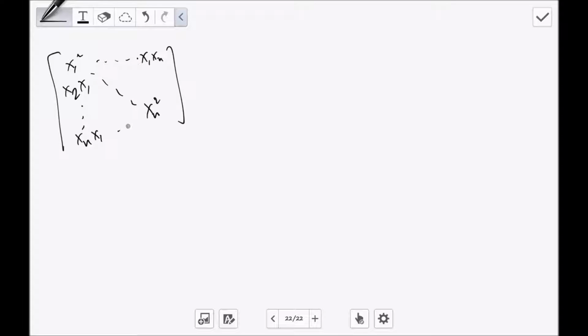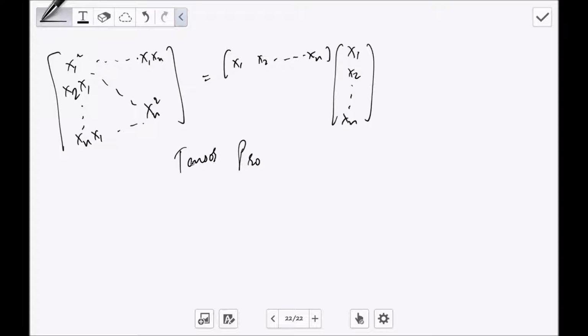So you can always write this as a tensor product, also called an outer product, of two column vectors.